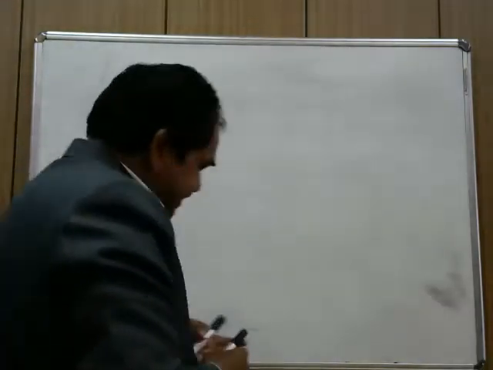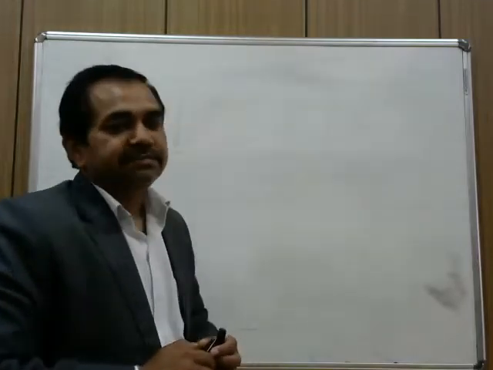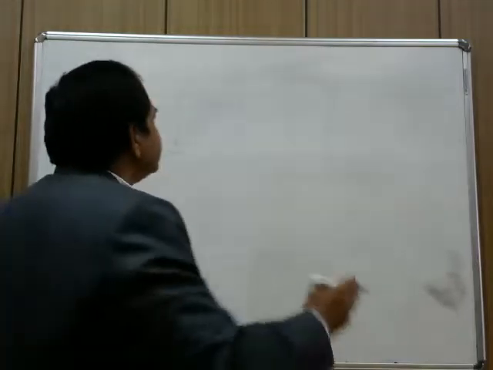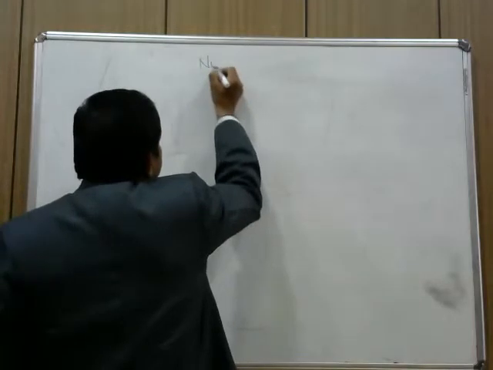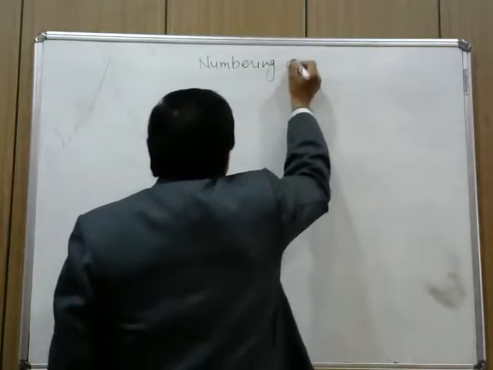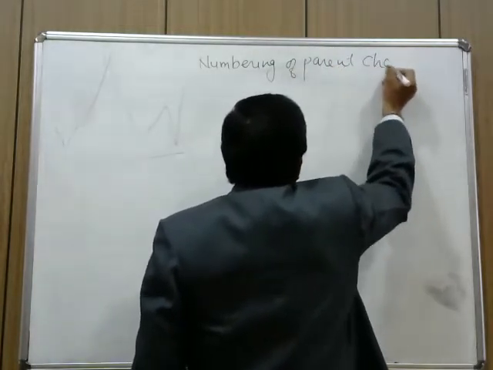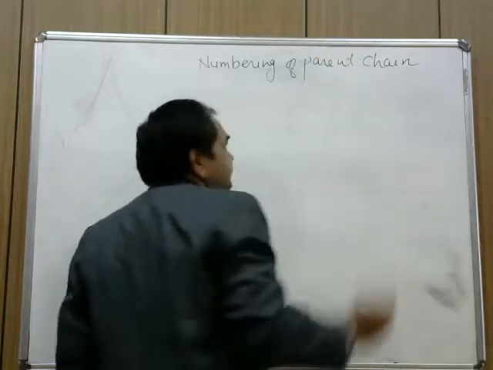So what is the second step? Second step of IUPAC naming is numbering of the parent chain.